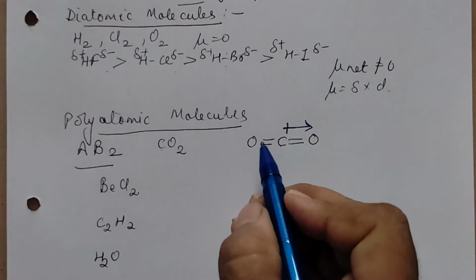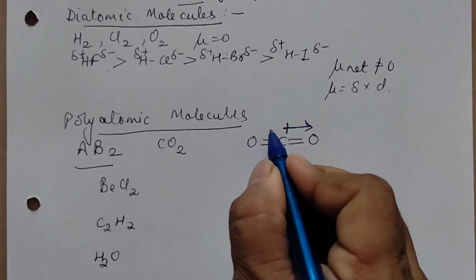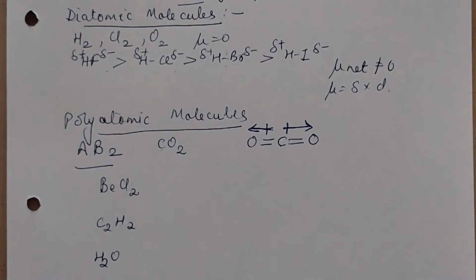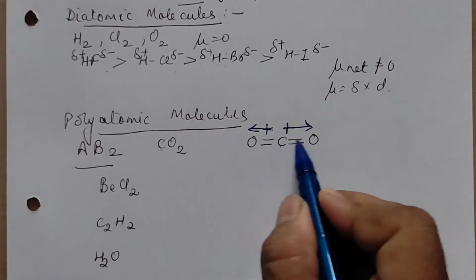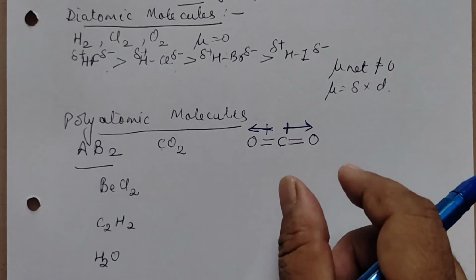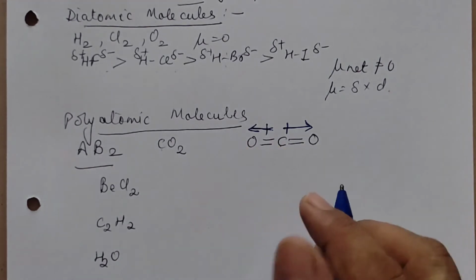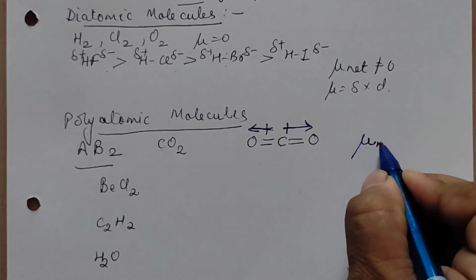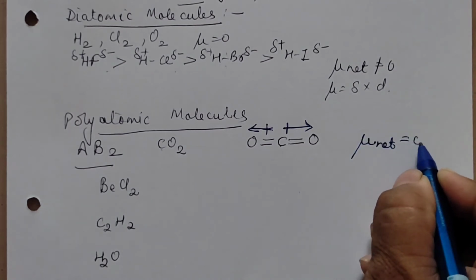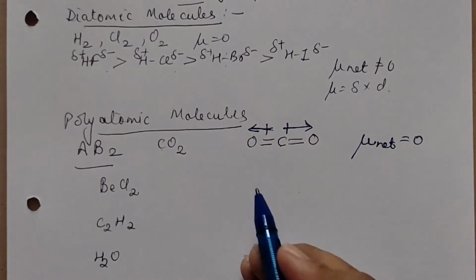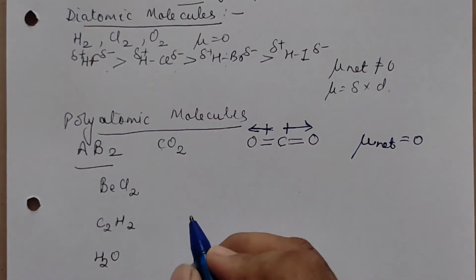On the left hand side, the bond dipole moment will be towards this oxygen because O is more electronegative. Both bond dipole moments have equal value, so they are equal and opposite in direction. Therefore the net dipole moment for carbon dioxide will be 0. It's a linear molecule, and the dipole moment is 0.